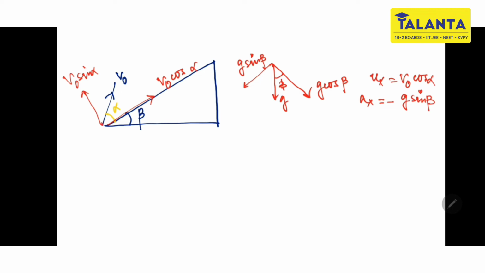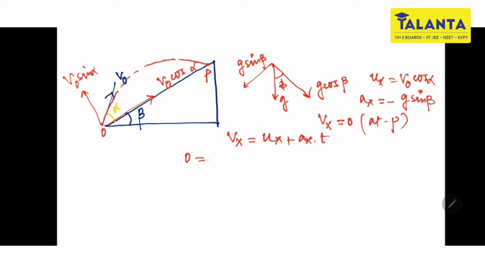At the striking point, suppose at point P, Vx becomes 0. Now applying the kinematics equation along the x-axis, we get Vx equals Ux plus Ax into t.